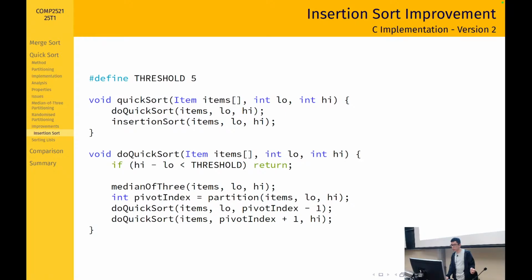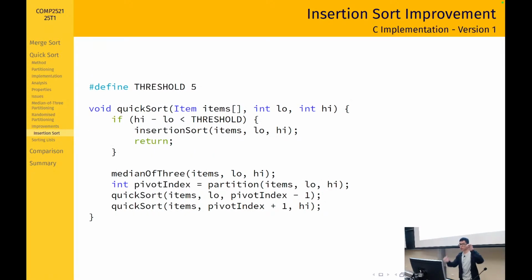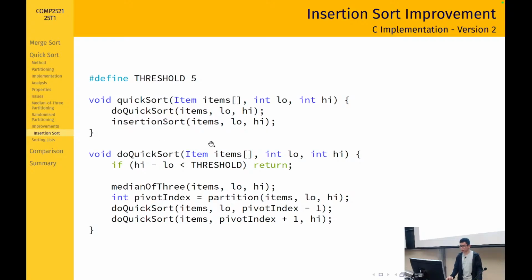Another way to implement it is, instead of calling insertion sort as soon as you have a small subarray, you could just return straight away. So you don't sort that small subarray, but after the quicksort is finished, you then go through the entire array and perform one insertion sort.